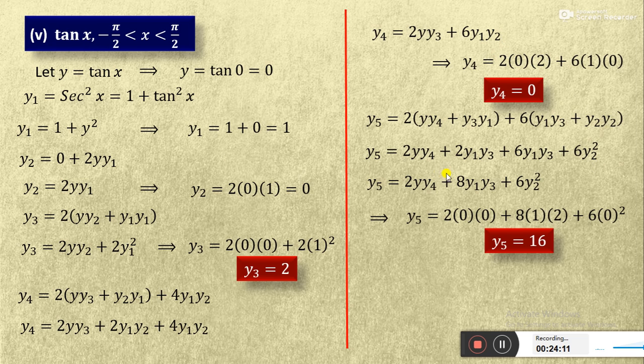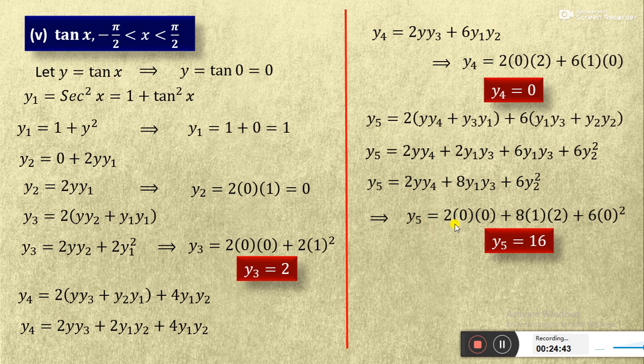So y5 equal to 2y y4 plus 2y1 y3, plus I multiply the 6 into this factor, so 6y1 y3 plus 6y2 square. So next step, 2y y4 plus 2 times of y1 y3 plus 6 times of y1 y3, so both are added. So adding these two terms, we get 8y1 y3 plus 6y2 square.